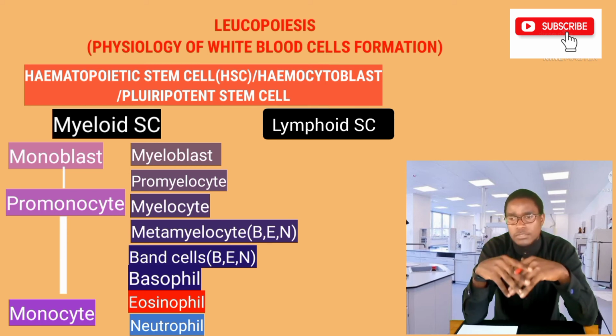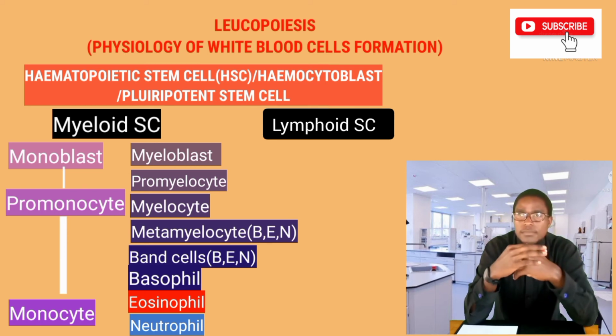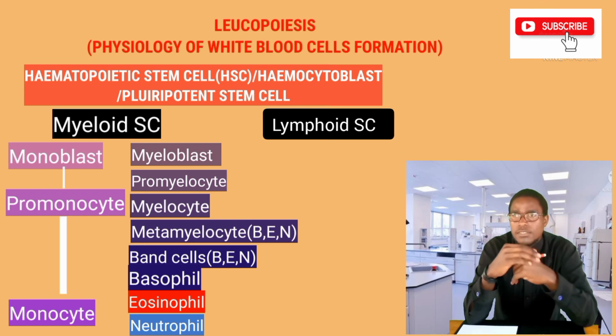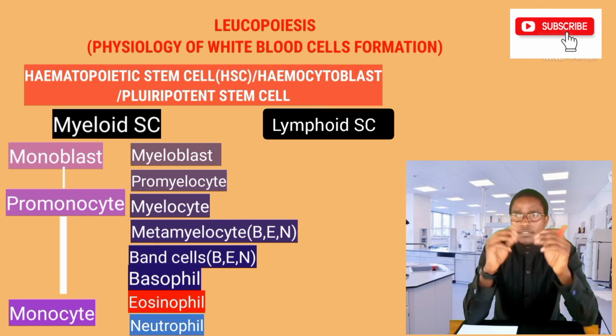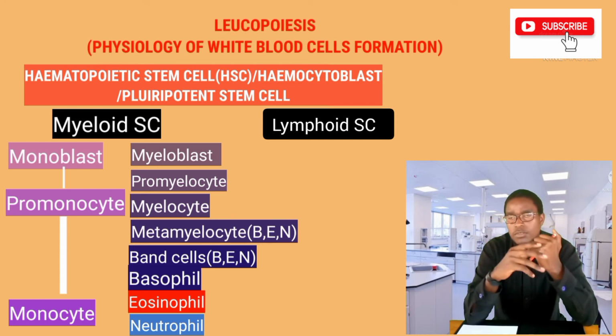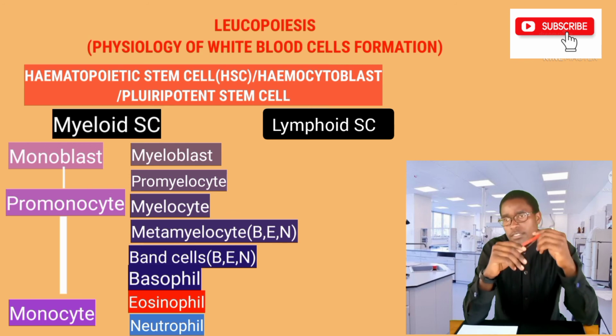It will lack granules. Now on the lymphoid stem cell, the lymphoid stem cell is going to give us lymphocytes, both T and B lymphocytes. But since lymphocytes are agranulocytes, we shall definitely need the colony stimulating factor of agranulocytes, as we saw in the formation of a monocyte.